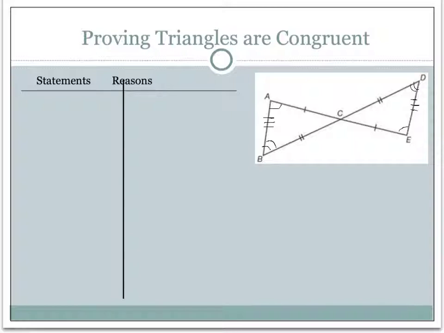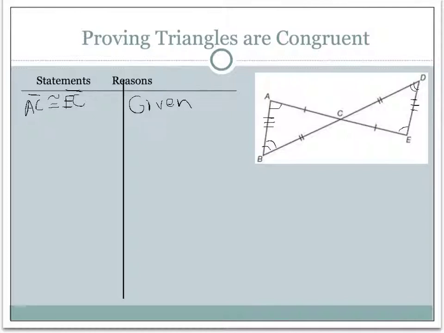So the very first thing that I would take a look at is I would realize that my segment AC is congruent to segment EC. And the reason I know that those two segments are congruent is because it's given to me. It was drawn in my picture that that segment is congruent to that segment.